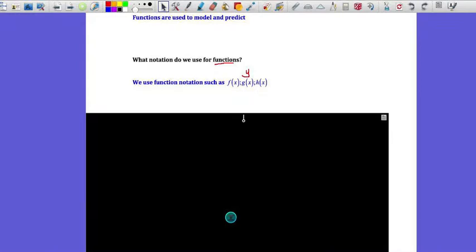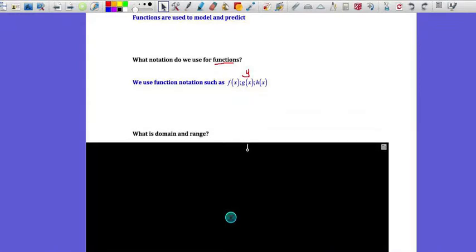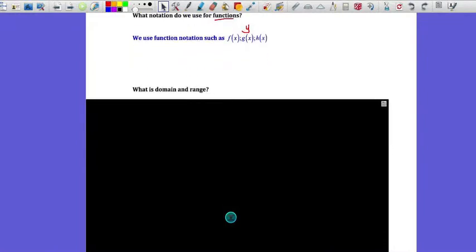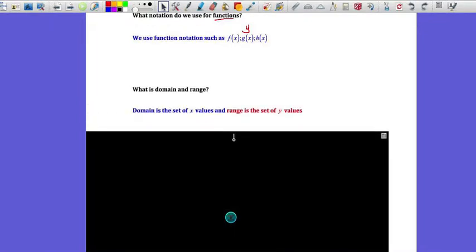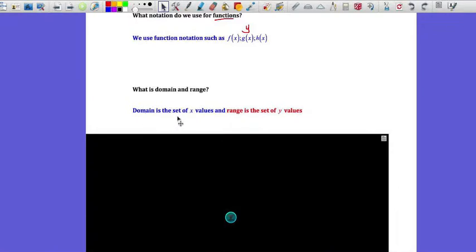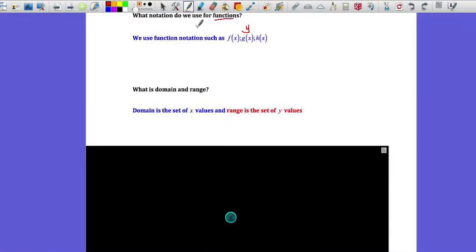Moving down to our last question, that is a tricky question, something that typically causes students a lot of difficulty: what are domain and range? The brief answer, and of course we'll get into some applications later, is that domain is the set of all x values, and the range is the set of all y values.